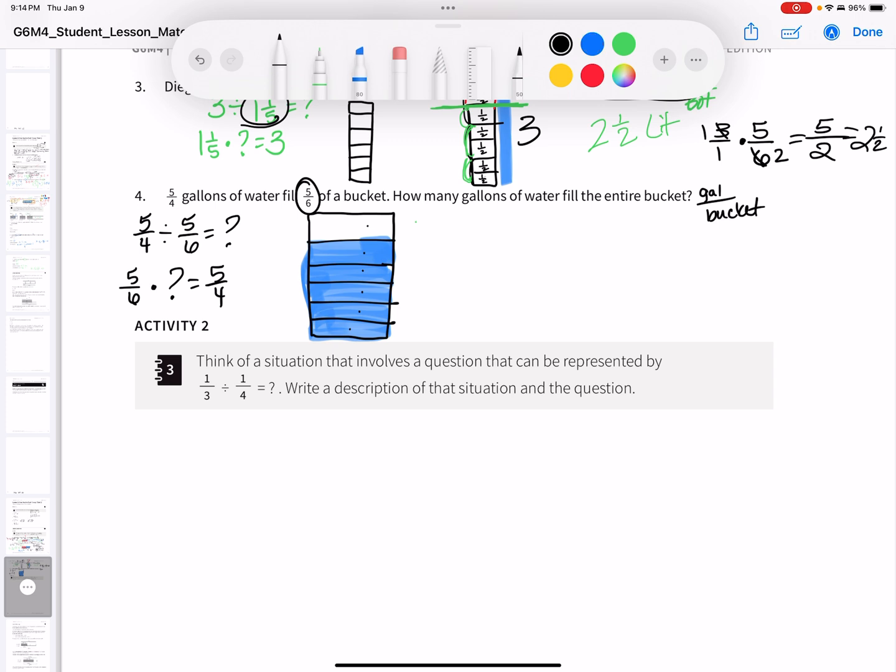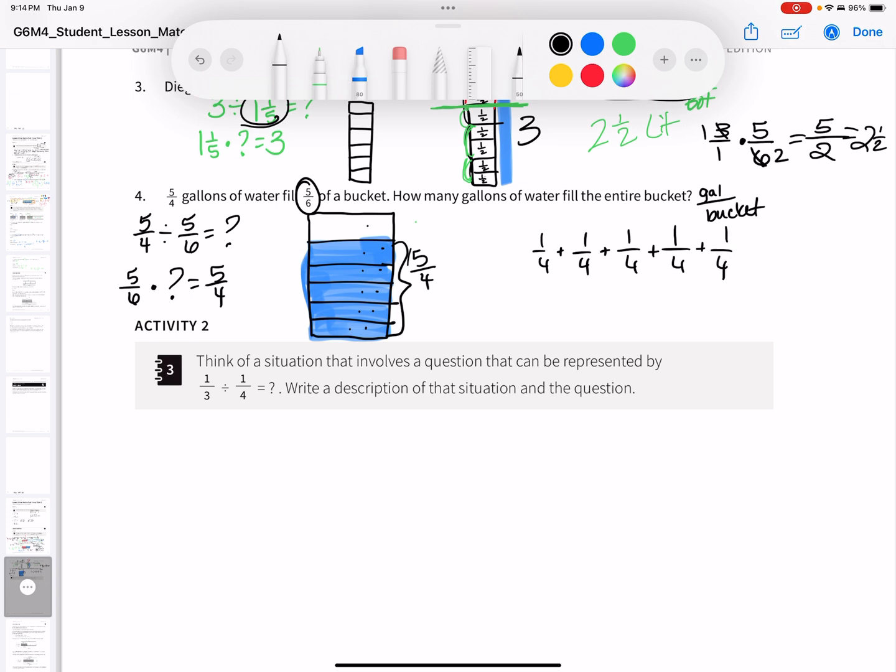Okay? And this equals 5/4 of a gallon. So how many pieces do we have? Well, we have 1, 2, 3, 4, 5, which means that each piece, if we have 5/4, that's 1/4 plus 1/4 plus 1/4 plus 1/4 plus 1/4.